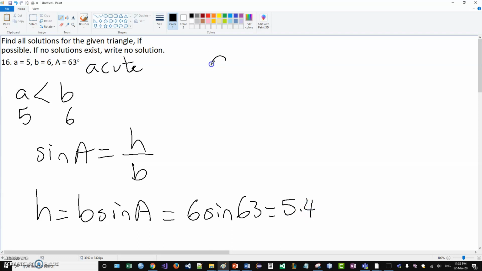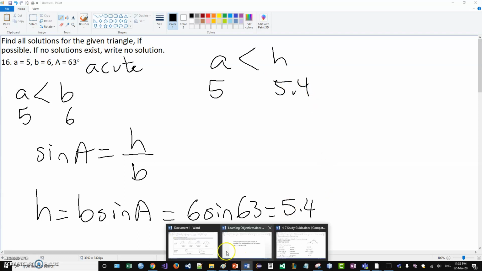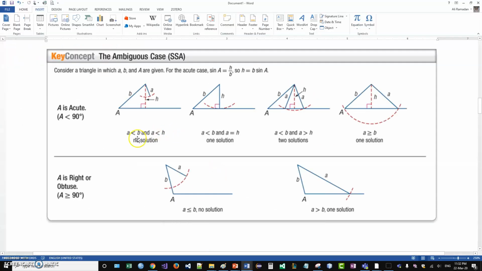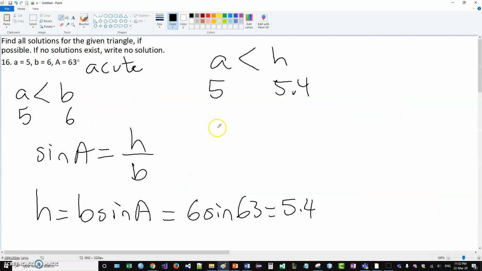Now since A is 5 and h is 5.4, A is less than h. So according to the table right here, if A is less than B and A is less than h, given that A is acute, less than 90, that means we have no solution. So right here, no solution.